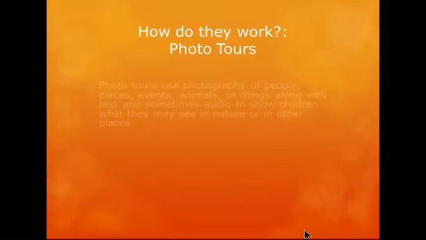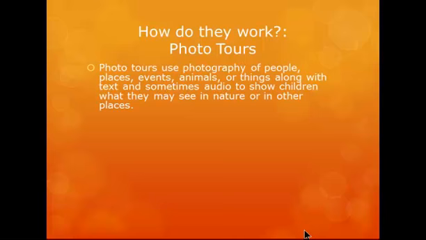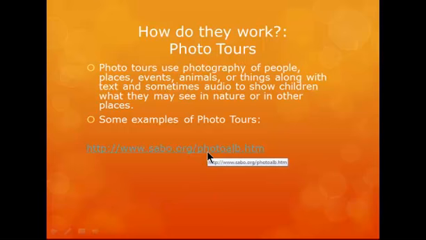How do they work? We're going to look at photo tours first. Photo tours use photography, and some of the photo tours that we can look at include, let's see what we can find. We have a photo tour of some hawks. We're going to click on this website and pull up a photo tour. And this one only has photos and text.